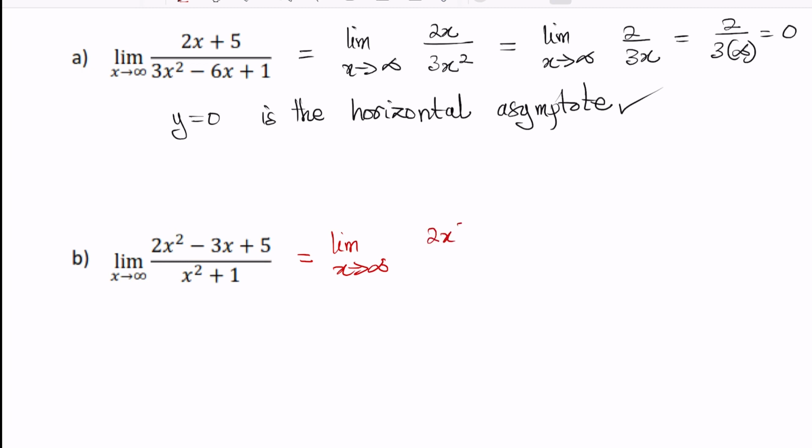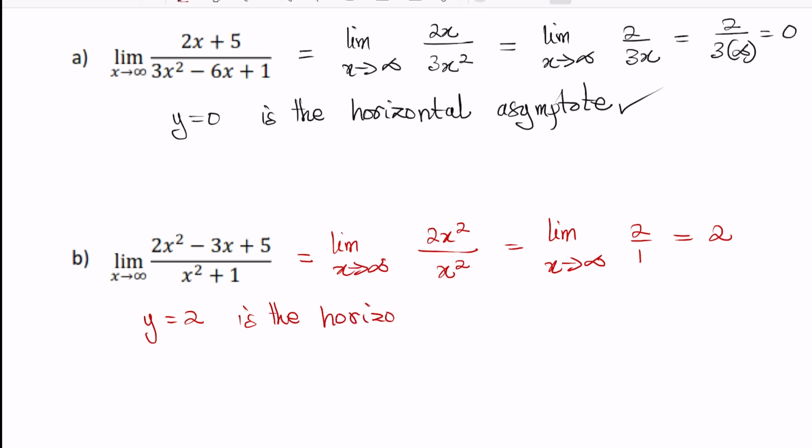In this case, it is 2x squared. And consider the denominator and take the highest power of x on the denominator. In this case, it is x squared. So this gives us the limit as x approaches infinity of 2/1, and this equals 2. So clearly, the line y equals 2 is the horizontal asymptote. And this is our end behavior model.